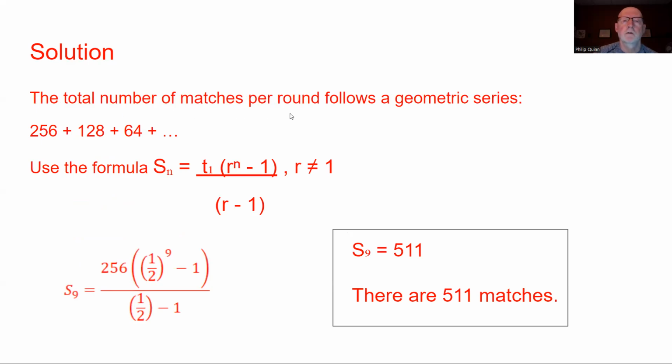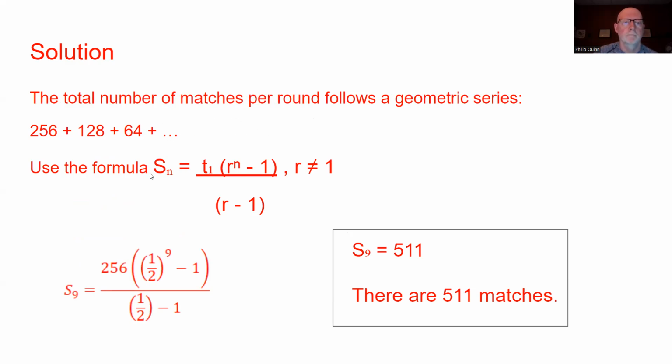The total number of matches per round follows a geometric series now. Now we're after the total number of matches, which is different than the rounds. So 256 matches initially, first round, and then 128, then 64. So we're adding these up. So we need all these numbers, and we're going to use the formula to find the rest of these numbers for us.